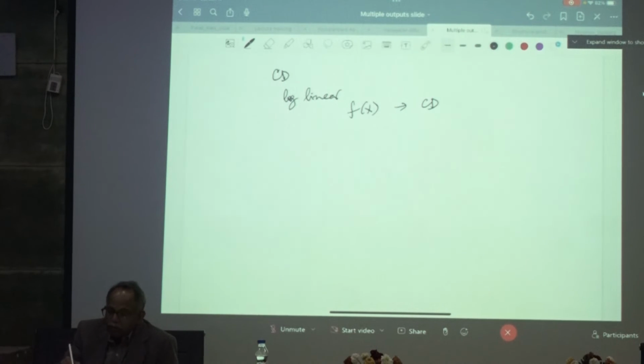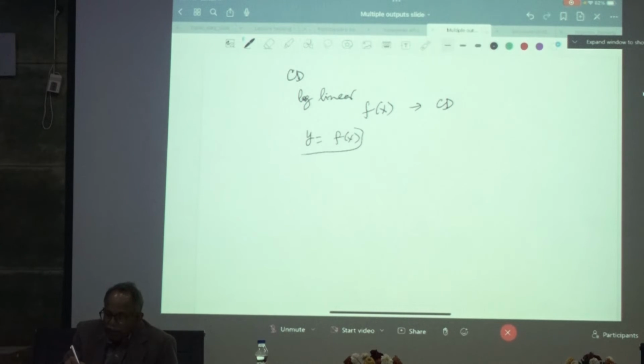So this means that if you write y equal to f of x, and if it is Cobb-Douglas, then you can write log of y is equal to a linear function, you know how to write a linear function, right? So this is going to be beta 0 plus sum of beta j log of xj for j from 1 through big J. Okay, so this is a linear function in log.